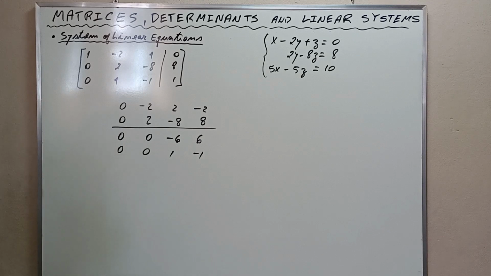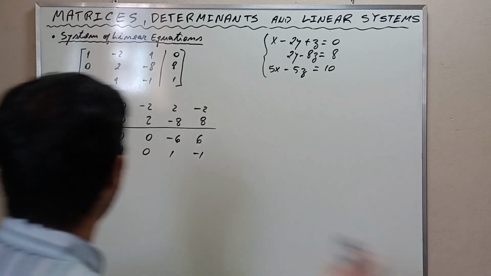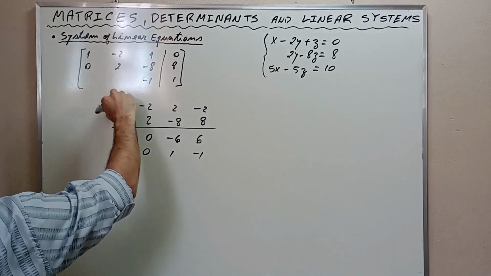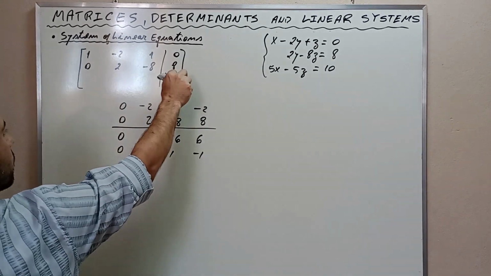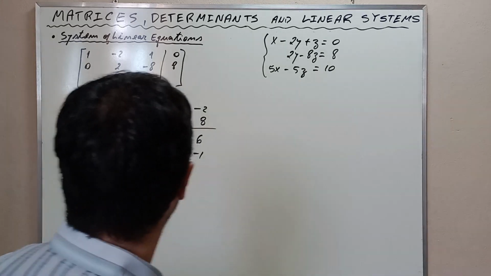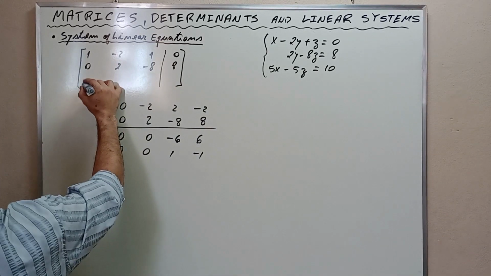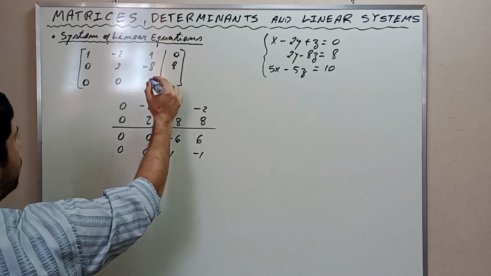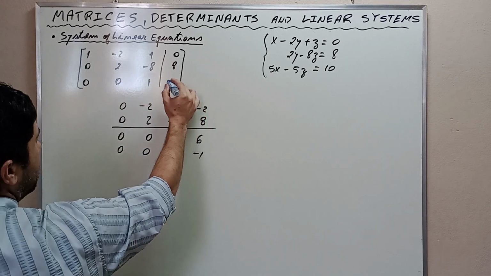And we are going to substitute it in row 3. 0, 0, 1, negative 1.